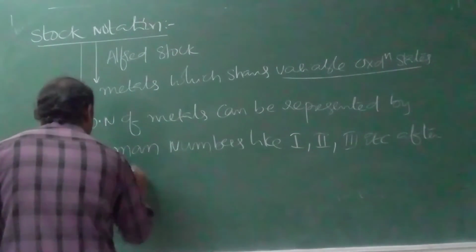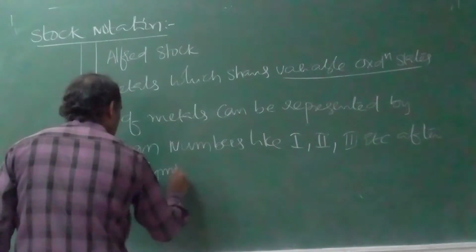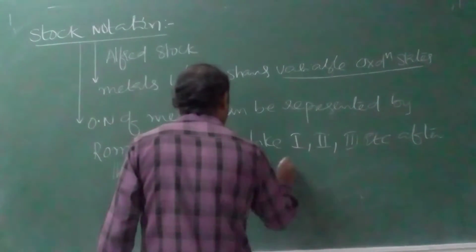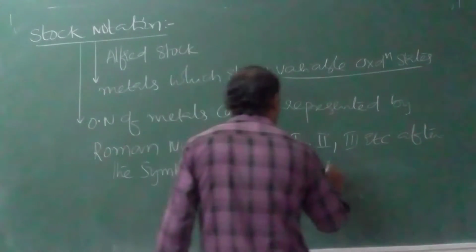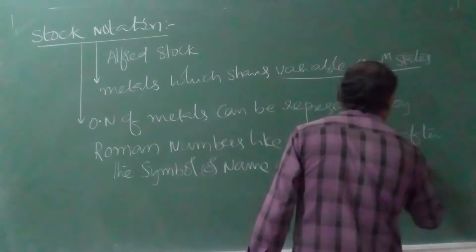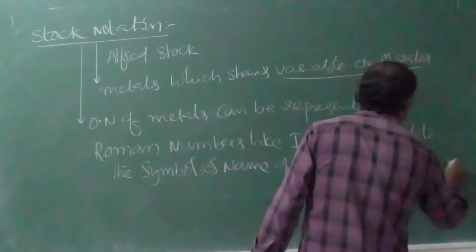After the symbol or name of the metal, in parentheses. Parenthesis means small bracket.